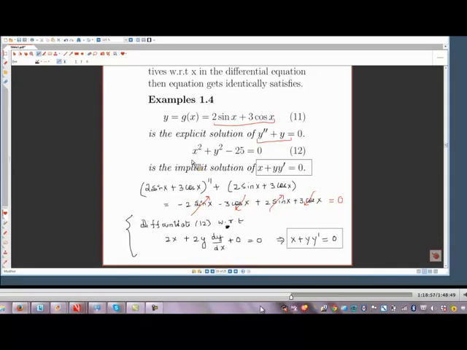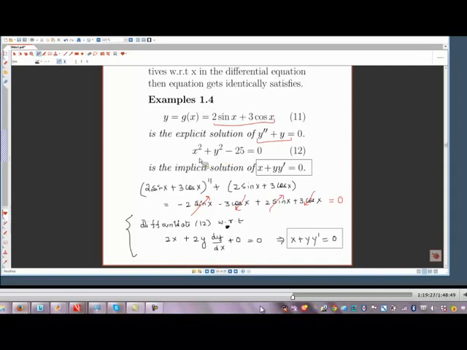I think we have to cover implicit and explicit. Explicit is when you can write y in terms of x explicitly. Implicit is when you cannot write y in terms of x explicitly. This is implicit because we cannot write it; if we try to write it, we are not getting the full solution of the problem. Writing it explicitly, this is not seen as the circle itself, right?